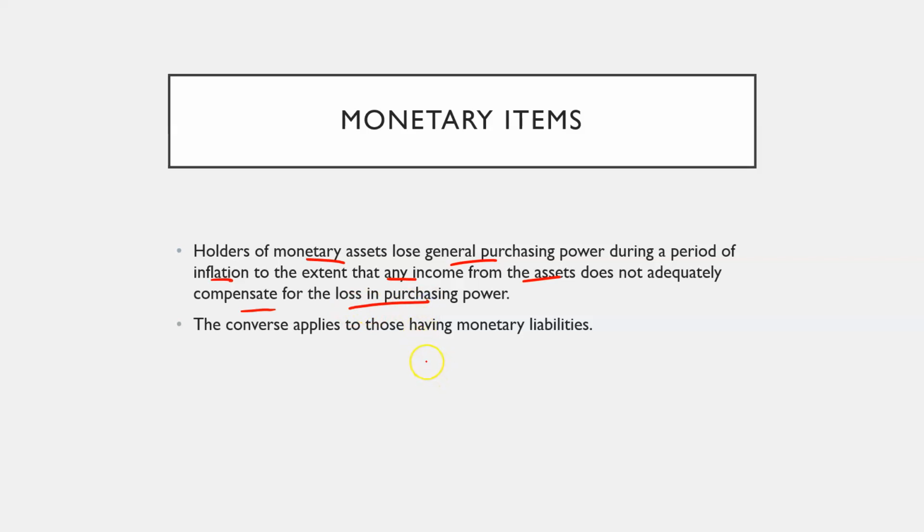The converse applies to those having monetary liabilities. If you owe £1,000, that's all you have to pay, even in a time of inflation where you really should be paying more. That's an advantage, and the person you borrowed from is the one who suffers.